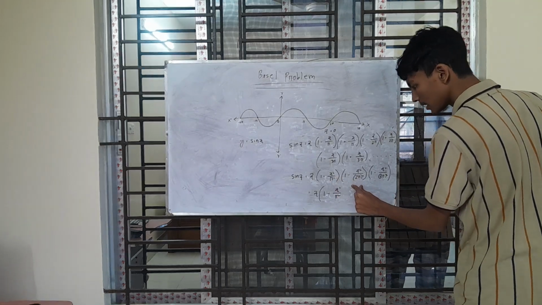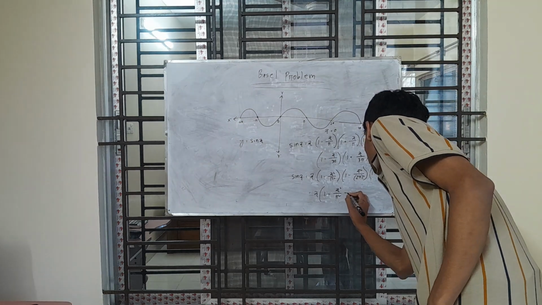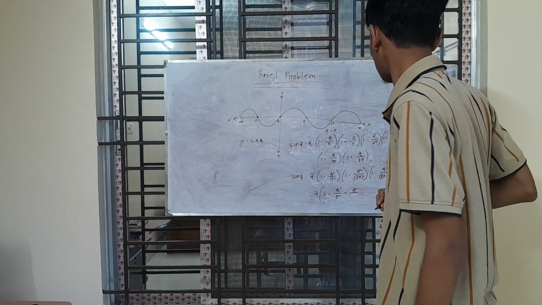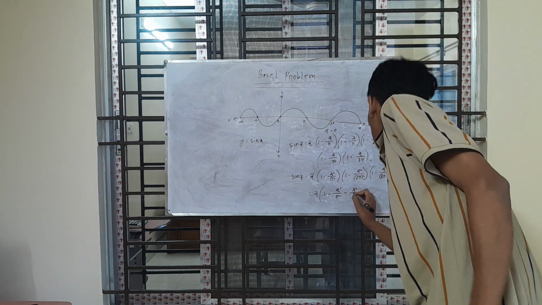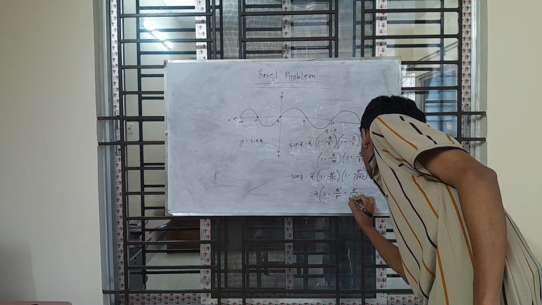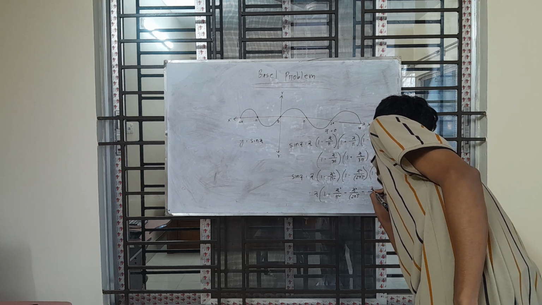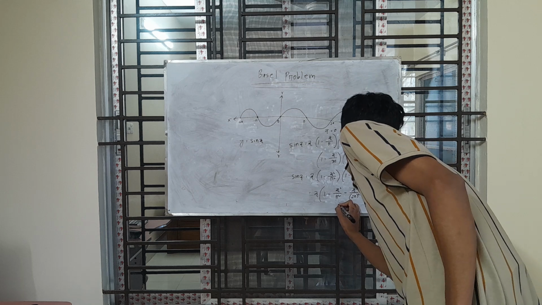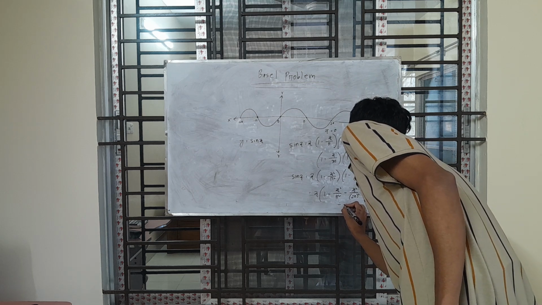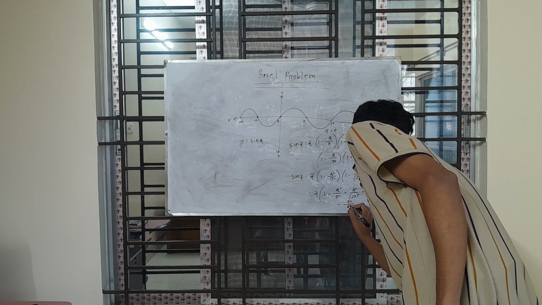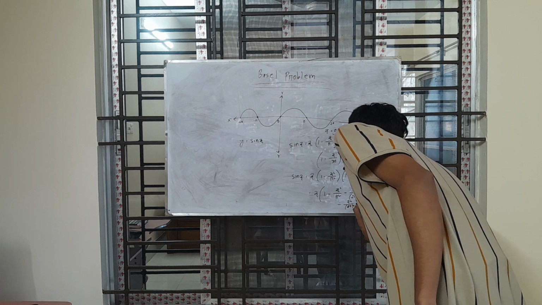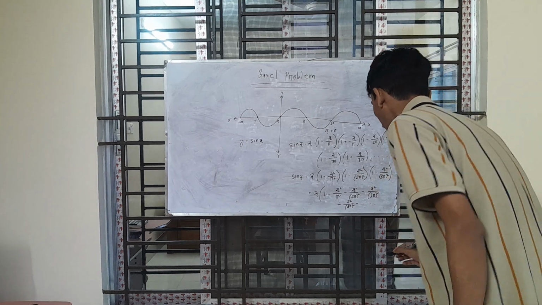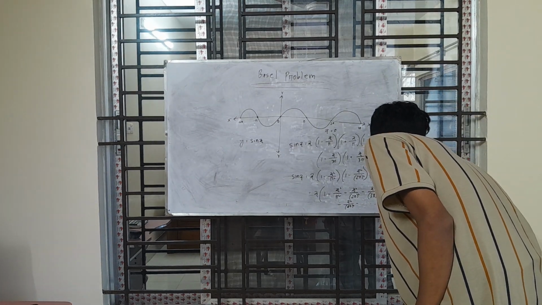We can do this likewise, minus x squared by 2 pi whole squared, minus x squared by 3 pi whole squared, likewise 4 pi whole squared, and all these till infinity.